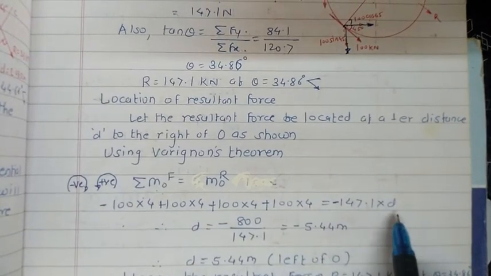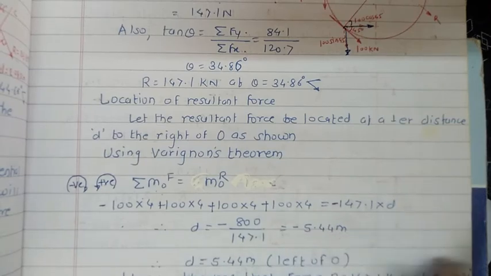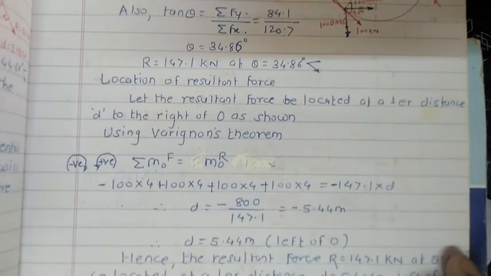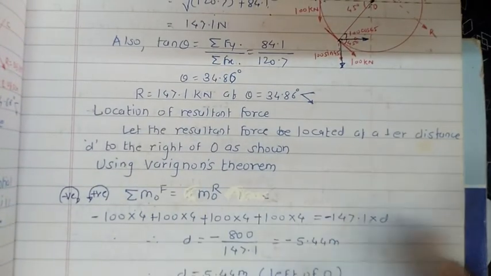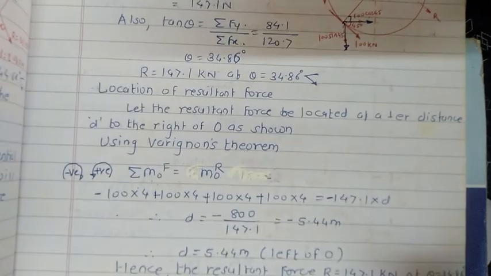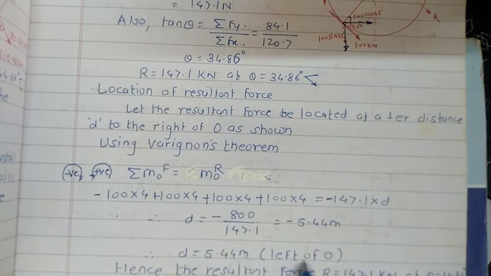147.1 multiplied by d. After doing the calculation, the value for d we get is minus 5.44 meter. The minus sign indicates that our assumption is wrong. So d equals 5.44 meter must be towards the left side of point O instead of the right side.